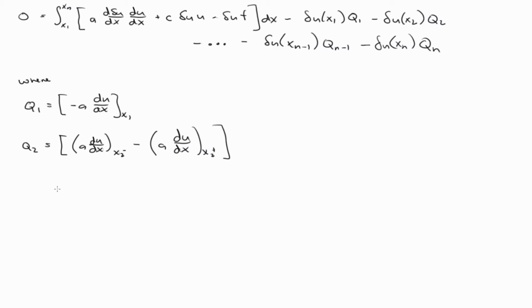So the one that came from the interval between x1 and x2, that's the x2 minus. And then the x2 plus is the one that came from the interval x2 to x3. Okay.